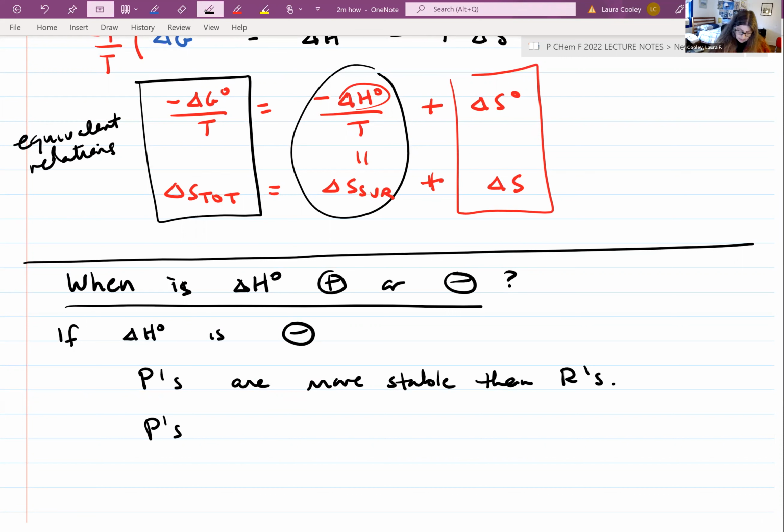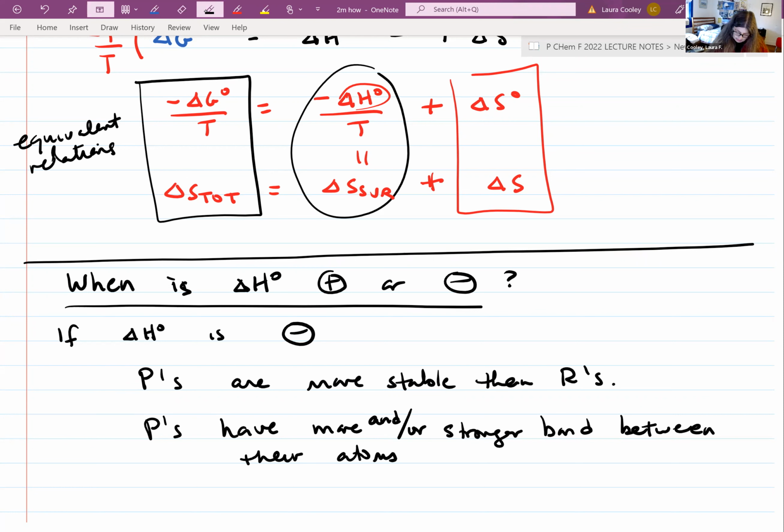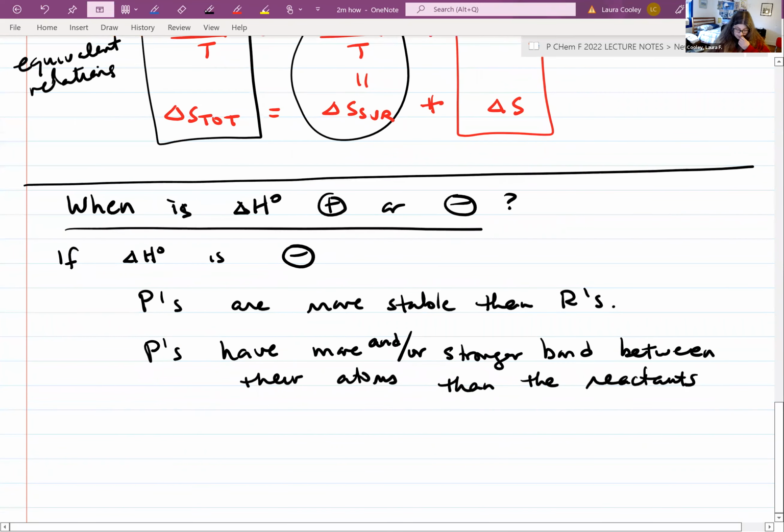So I would describe this as the products have more or stronger bonds between their atoms than the reactants. That's one way of having that.